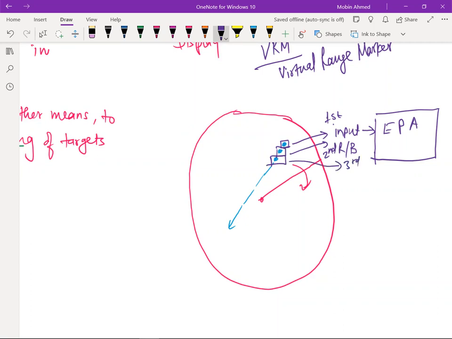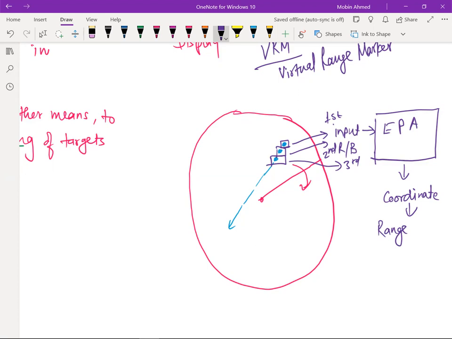If we give the third input, then after the three inputs are given, it can determine the coordinate. Coordinate means range and bearing. The range and bearing means the present position, so whatever the present position, it can now say the future position of the target.